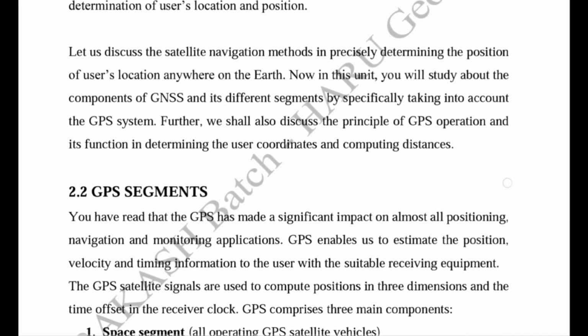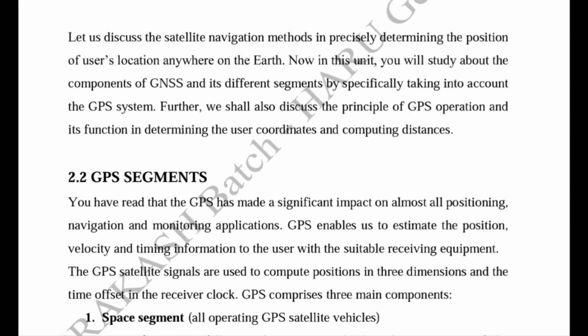So now we will discuss the satellite navigation methods which are used for determining the position of a user's location anywhere on the earth very precisely. In this unit we will study the GPS segments and the principle of GPS operation, means how it calculates the distance from the receiver to the satellite, and on that basis how GPS can calculate our position accurately.